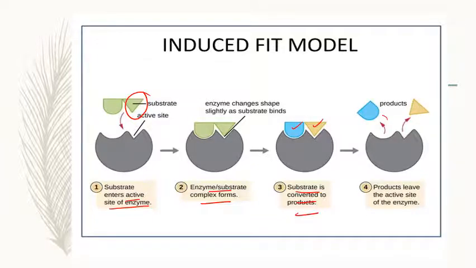Once the products get released, the active site remains free. The enzyme changes shape slightly as the substrate binds. You can see the shape is getting changed. That is what is explained in the induced fit model.